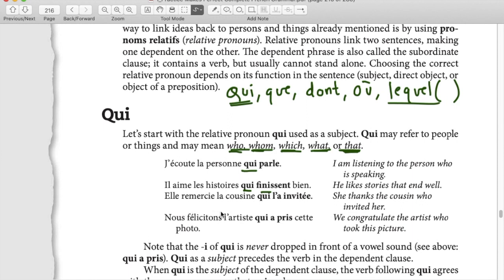Elle remercie la cousine qui l'a invitée. Why is there "l'"? Is it a subject here? No, it's not a subject. It's a direct object pronoun. Try to remember verbs like this: inviter quelqu'un à quelque chose.